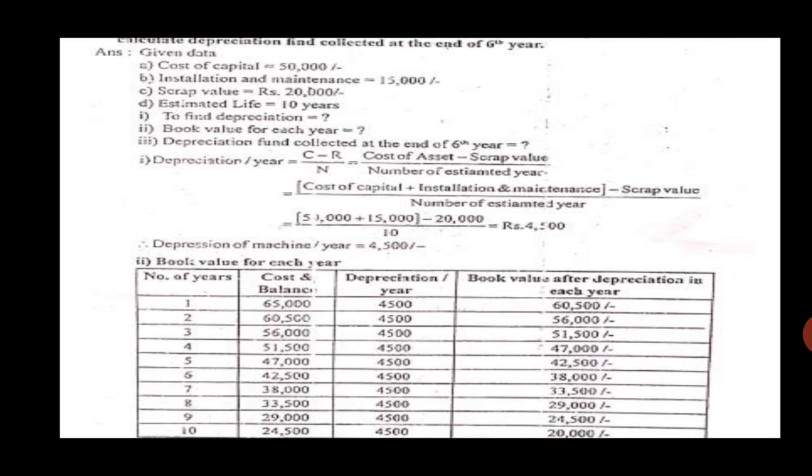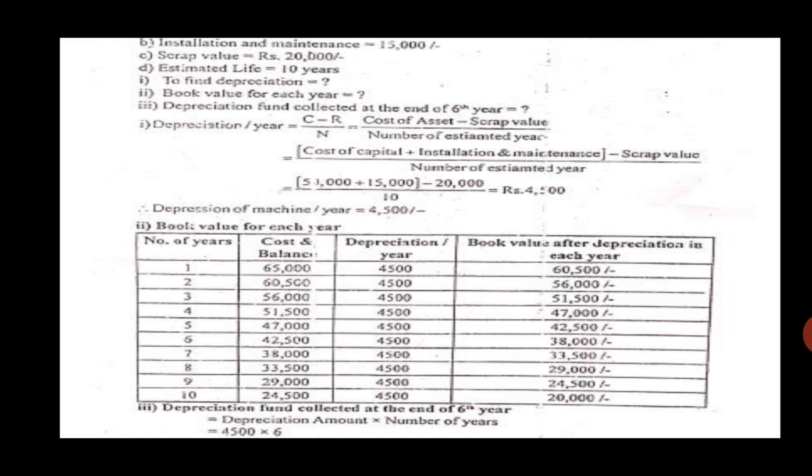Then you have to find out the depreciation. Second, find the book value for each year. And then depreciation fund collected at the end of 6th year. I already explained you that depreciation fund we keep collecting every year, so that after the useful life of the equipment, we have enough funds to buy the replacement equipment.